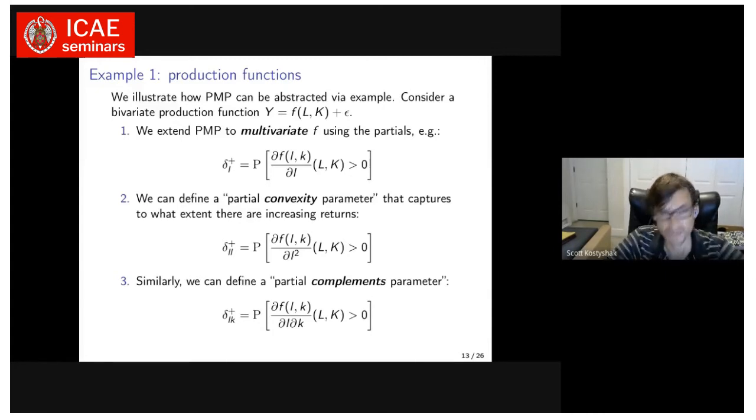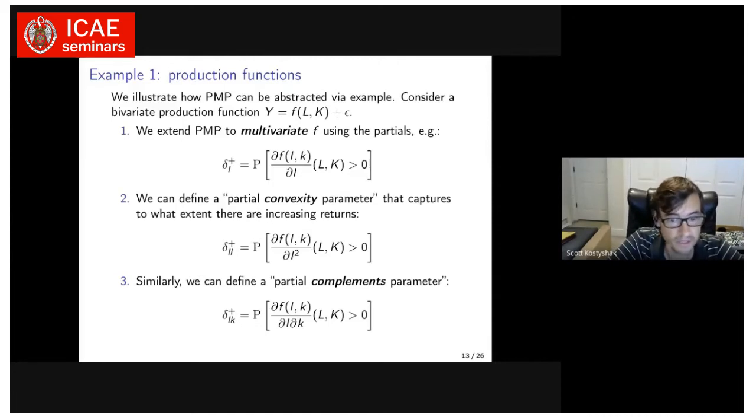And just because of what I mentioned before, data issues, you don't necessarily have an IID sample. The producers are often different in very important ways, meaning those that have a lot of the input might be inefficient in some other term. That's why they need a lot of input. So that's why it's important to have these partial parameters that will show you to what extent monotonicity in the inputs holds.